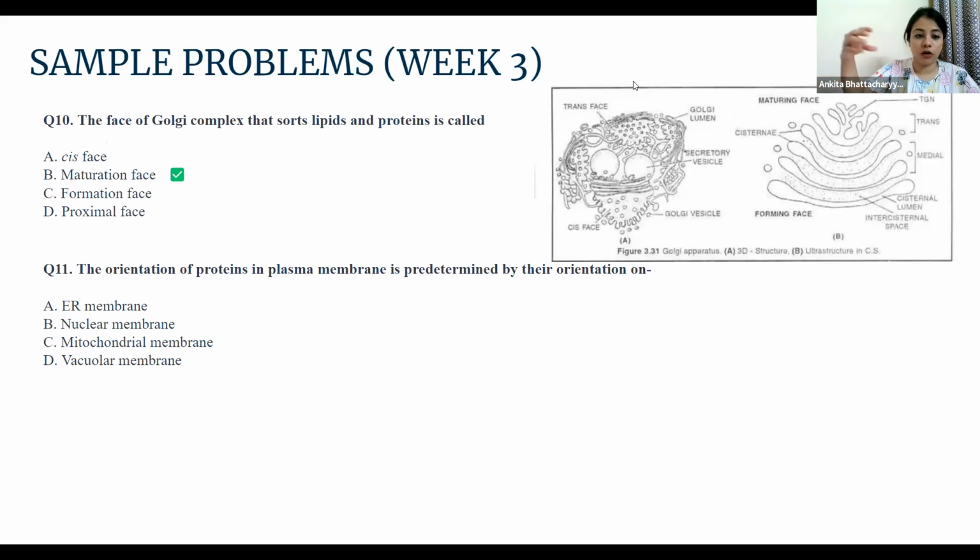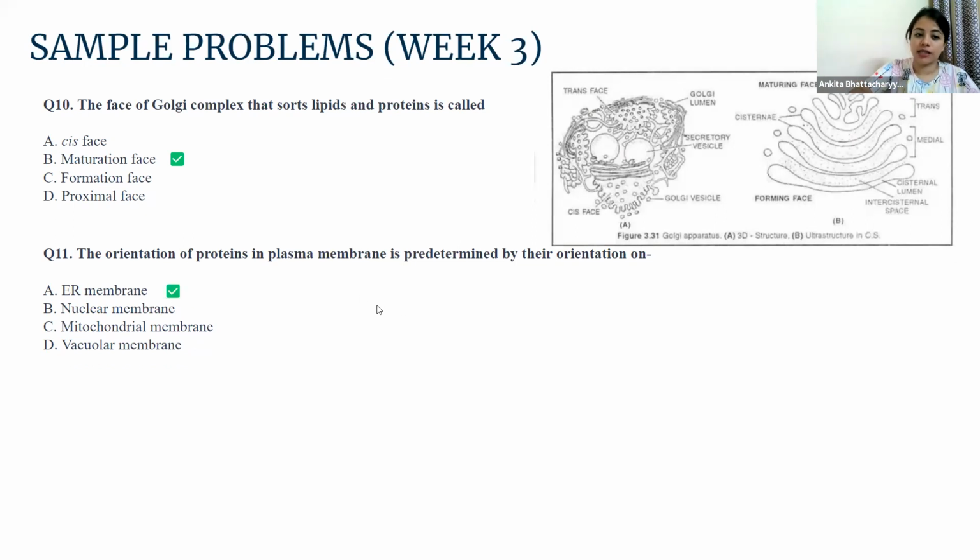This obviously occurs through the ER, then the Golgi, and then it is finally sent to the plasma membrane. Among the options, there are the nuclear membrane, the mitochondrial and vacuolar membrane, but the correct answer is the ER, since proteins after synthesis undergo the processing steps, and the orientation in which the protein will finally be positioned on the plasma membrane will be determined at the level of the endoplasmic reticulum.